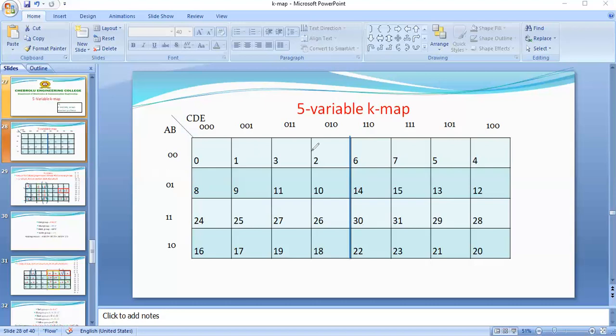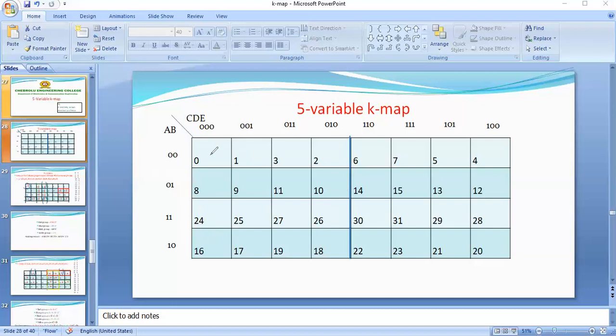So for 0, 2 is adjacent and 16 is also adjacent, because these cells differ by a single bit position. So in this first 4-variable K-map we have a total of 4 adjacencies.